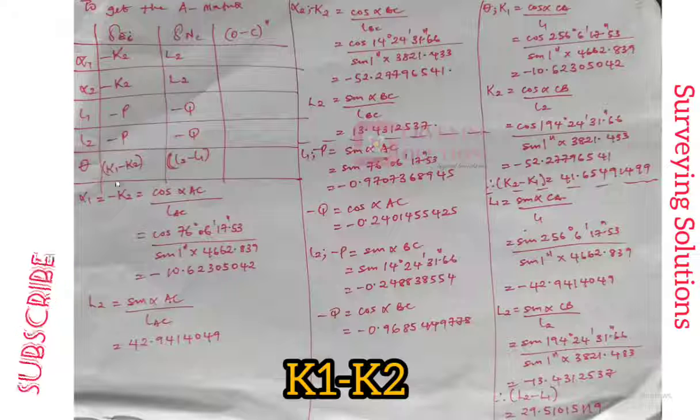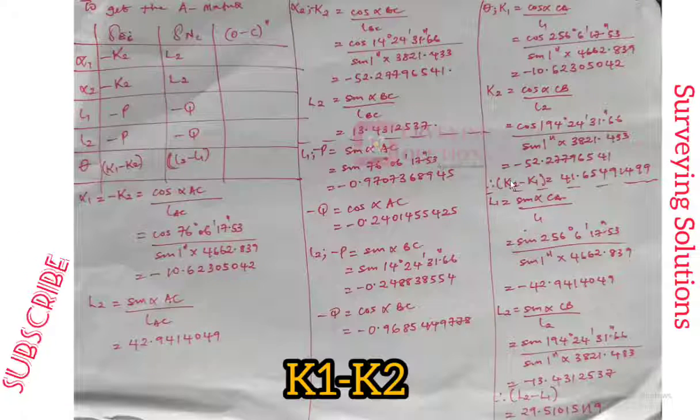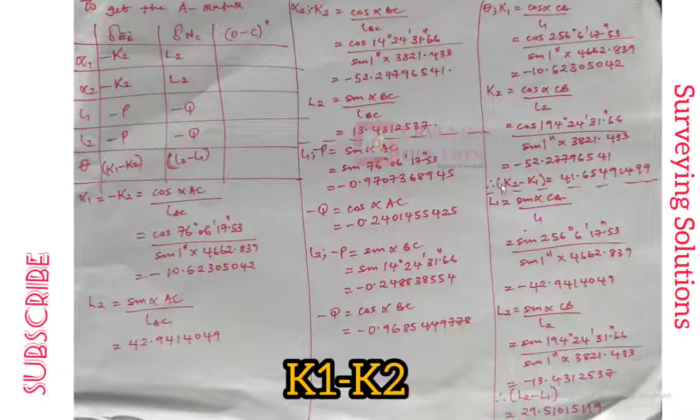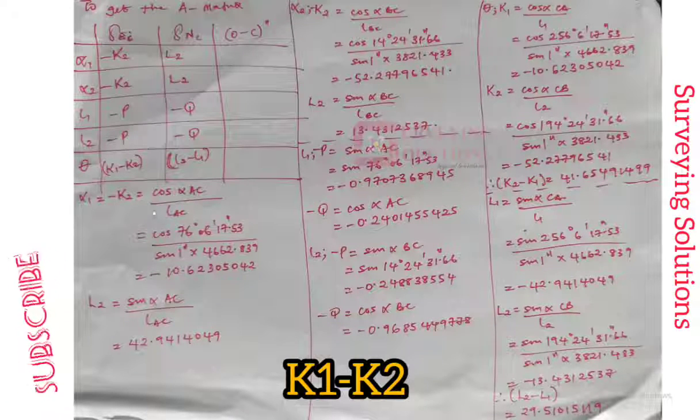From our table, we have K1 minus K2, but there's a graphical error where we say K2 minus K1. However, the values are correct. So instead of K2 minus K1, please correct this to K1 minus K2. We are sorry for this mistake. Please pardon us.